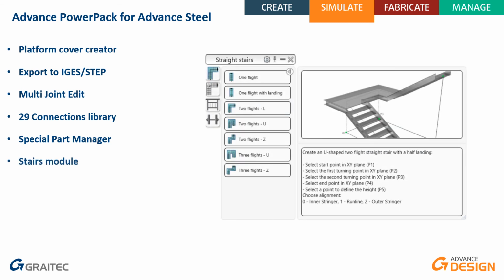The stair modules are probably one of the most powerful commands in the Power Pack for Advanced Steel, or at least a pretty nice command, which enables users to speed up modeling for custom stairs, straight or balanced, with multiple flights, with customizable landings, and so on.